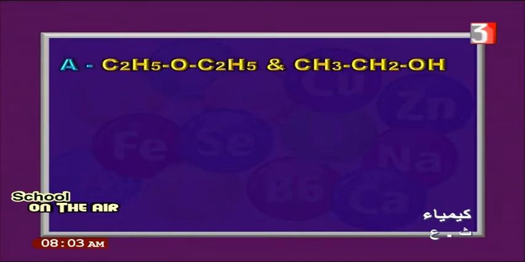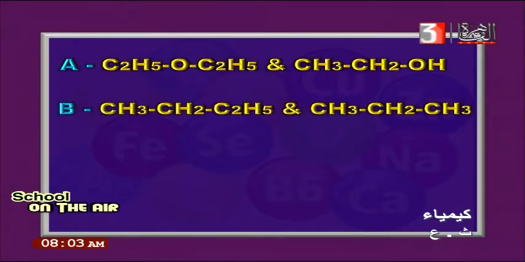C2H5O, C2H5 and CH3CH2OH can be isomers. What about the other one? CH3CH2CH2, C2H5 and CH3CH2CH3 can be isomers. Concentrate. What about the other example?